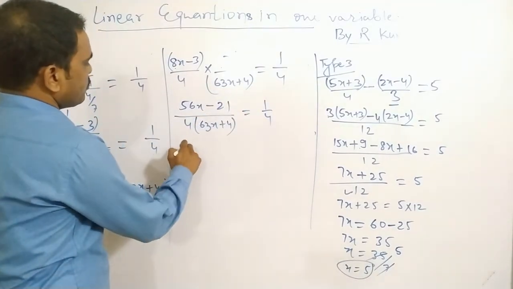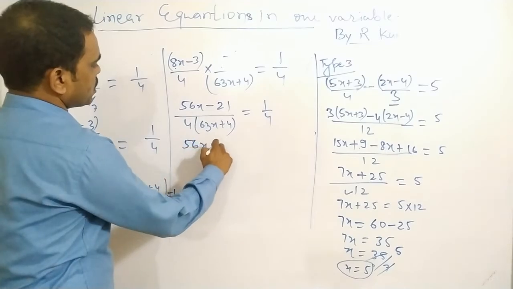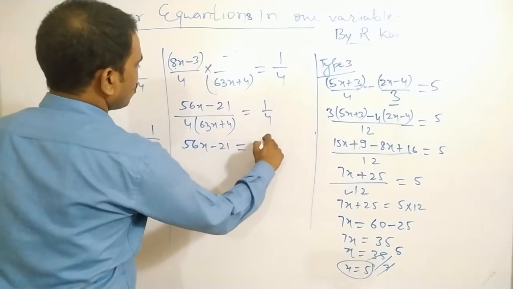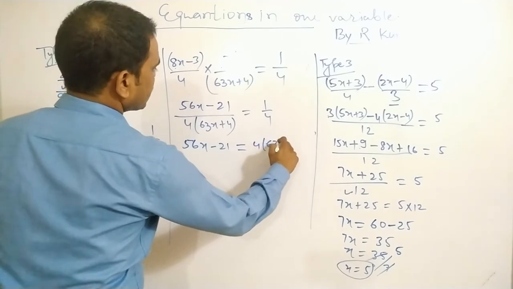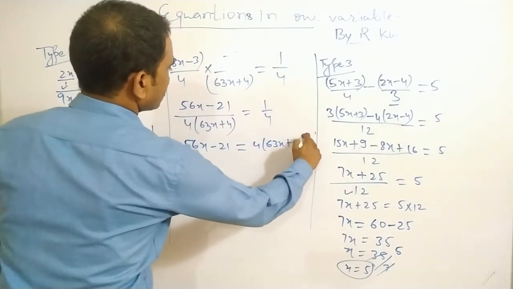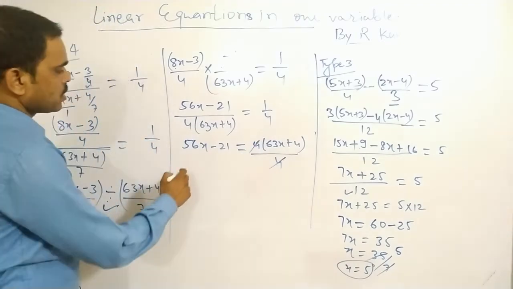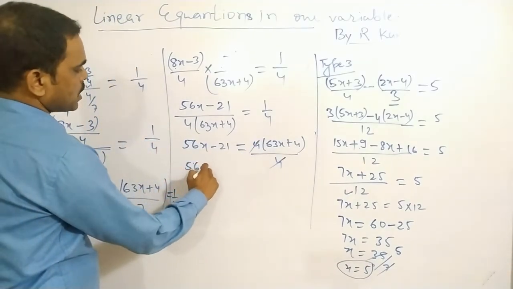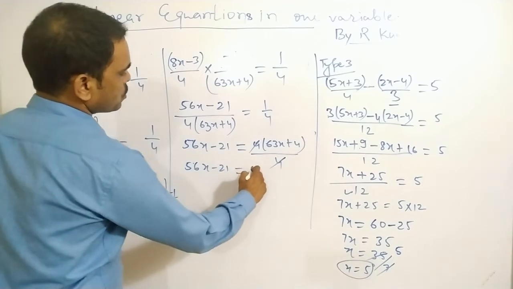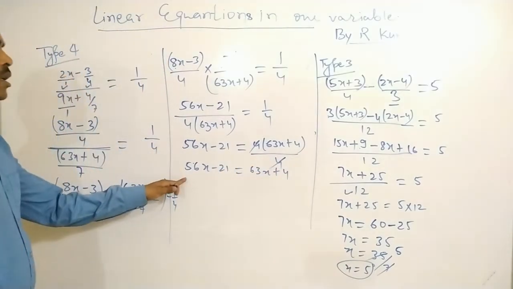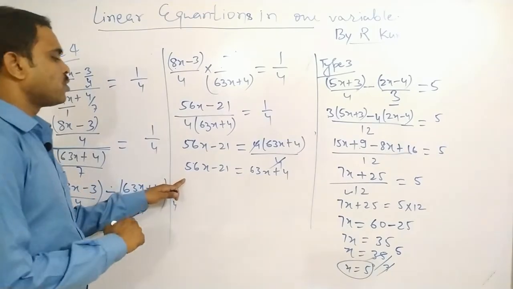Okay, when I shift it to the other side, one thing is happening here. This all I'll write here upon 4. You can see this 4 will cancel. Now 56x minus 21 equals 63x plus 4. You can see now it is in its simplest form.